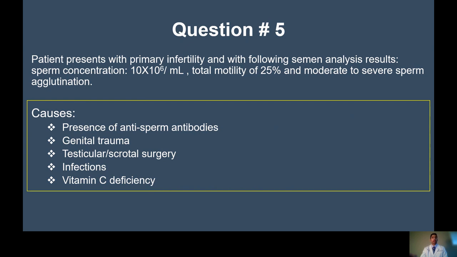As we mentioned, anti-sperm antibodies, a history of genital trauma, as well as testicular or scrotal surgery, for example, a history of testicular torsion or orchidopexy for cryptorchidism, history of genital infections, or vitamin C deficiency.